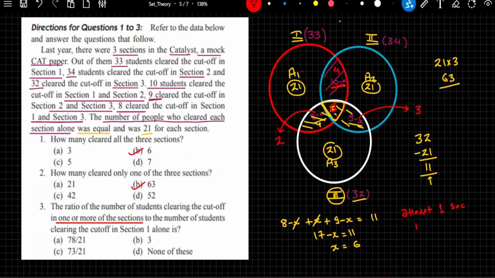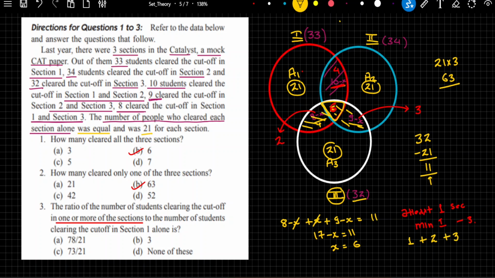At least one means minimum one section, and maximum I have to go until 3 because there are a total of 3 sections. So I'll include students who have cleared cutoff in only section 1, and then I also include students who have cleared cutoff in 2 sections, and then students who have cleared cutoff in all the 3.